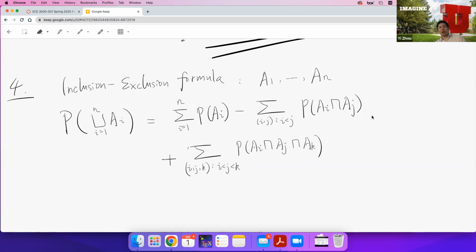Now, when you subtract the overlapping parts between any two events, you are actually subtracting the intersection of three events too many times, so you need to add this part back to the summation. This goes on and on.